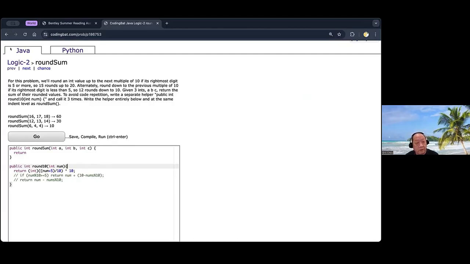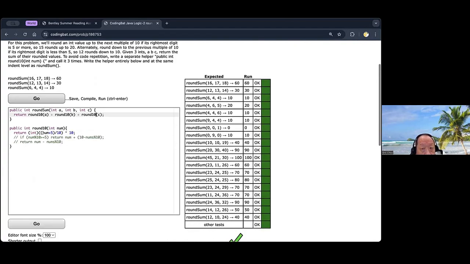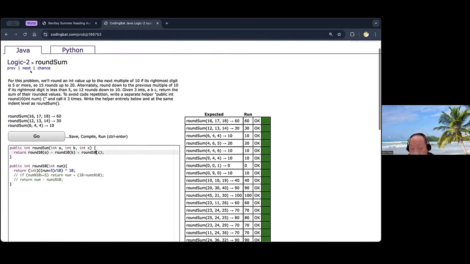Okay, finish up the problem. You need to run 10 for 3 numbers. So this is solve the problem.